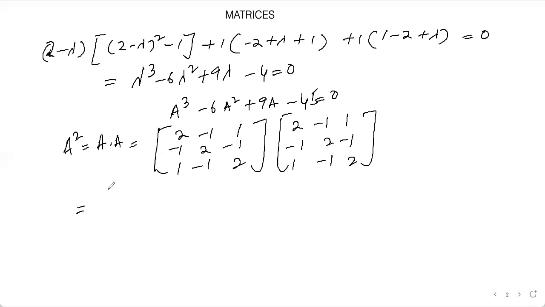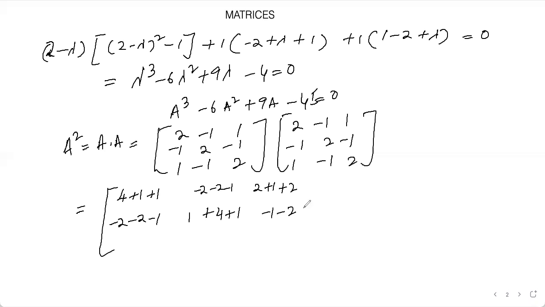So let's multiply this. So it's 4 plus 1 plus 1, and minus 2 minus 2 minus 1, and 2 plus 1 plus 2, right? And this is minus 2 and minus 1, 1 plus 4 plus 1.